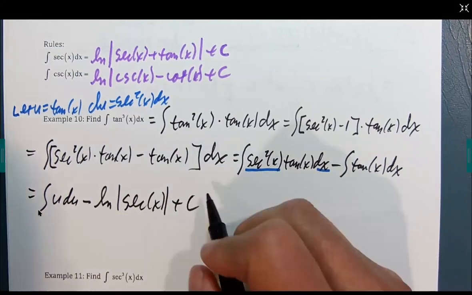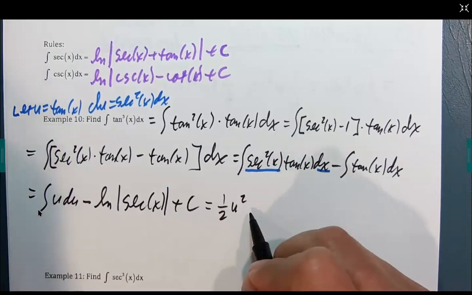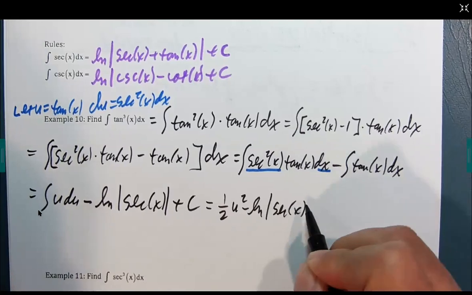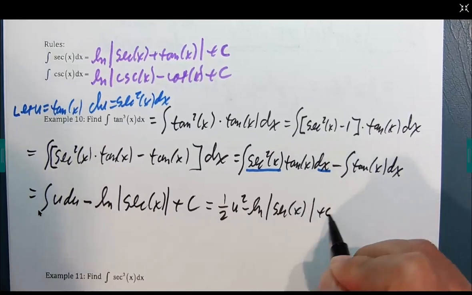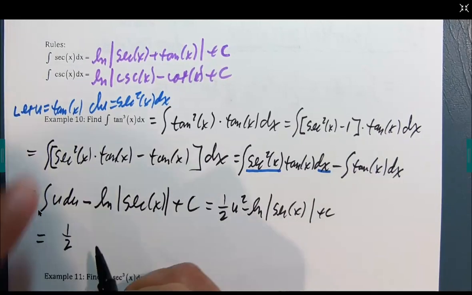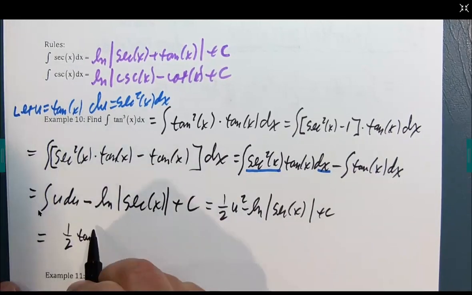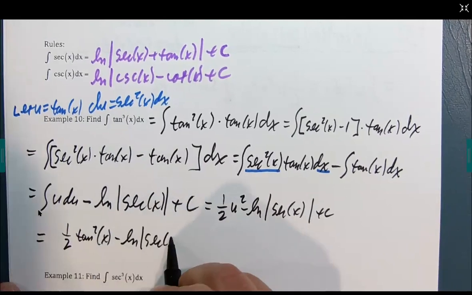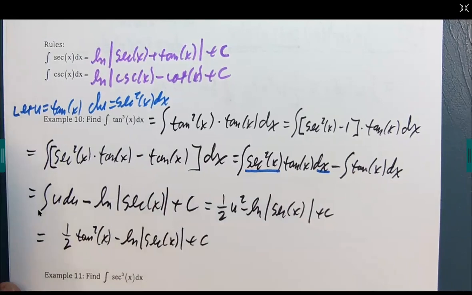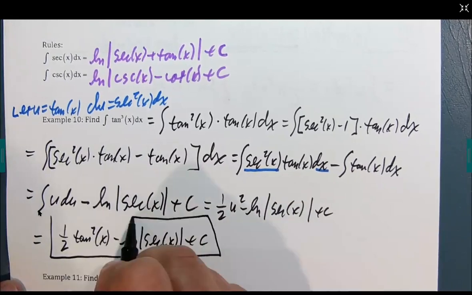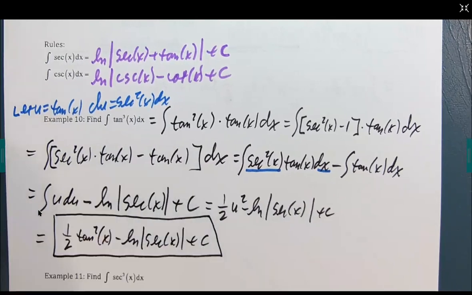So this becomes 1/2 u squared minus the natural log of the absolute value of secant x plus c, which is 1/2, remember u is tangent, there we are with that.